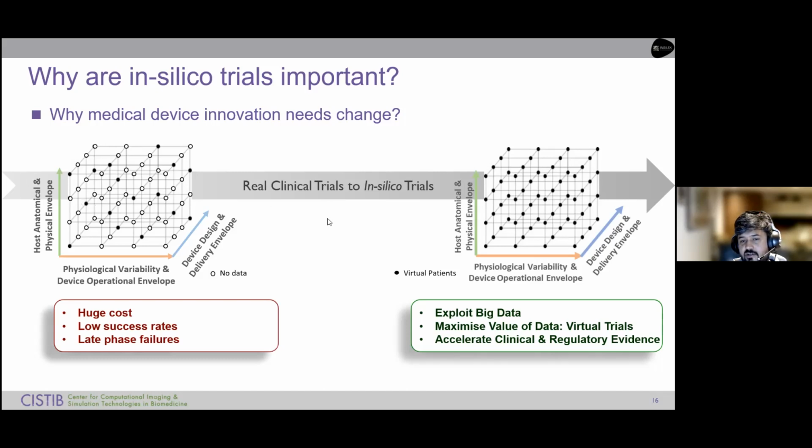And conducting in silico trials in this way would help exploit the tremendous amount of data that we seem to be collecting on an ever increasing day-to-day basis nowadays, to actually build representative populations of virtual patients, and through these to accelerate the development and innovation of medical devices.